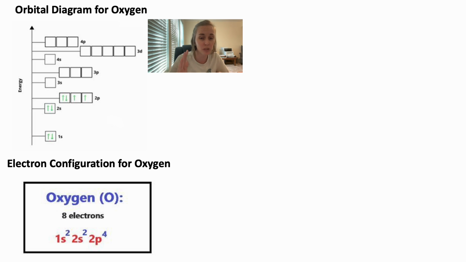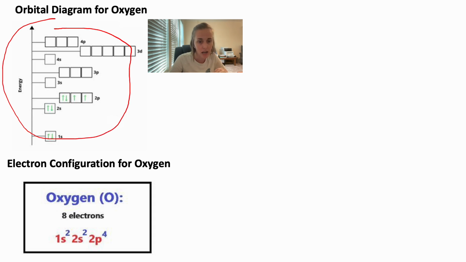It's just 2 different ways to say the same thing. One is showing this graph right here, and one is just writing out the numbers. Don't let it freak you out. It's the exact same thing.